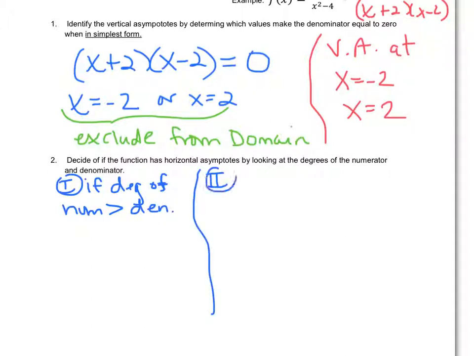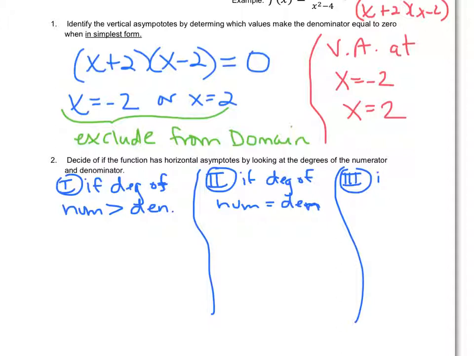Case 2 would be if the degree of the numerator equals the degree of the denominator. And then scenario 3 would be if the degree of the numerator is less than that of the denominator.